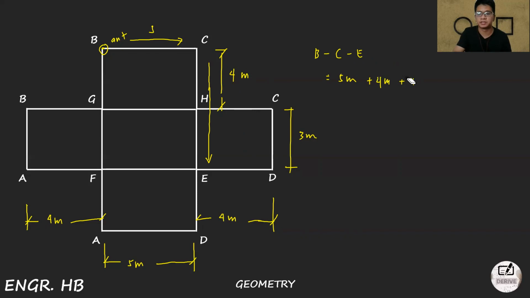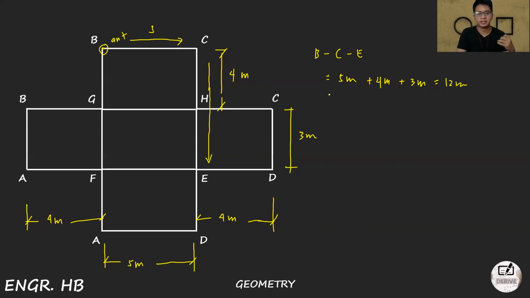So that was 4 meters plus 3 meters. So that was equal to 9 plus 3, 12 meters. Okay? So yan si BCE. So yan yung pwede niyang lakbayin. But obviously, medyo malaki yung distance na ito or yung amount ng distance na ito para makapaglakbay si ant from point B to point E. Pero makikita natin mamaya sa other options kung may mas maliit pa ba.